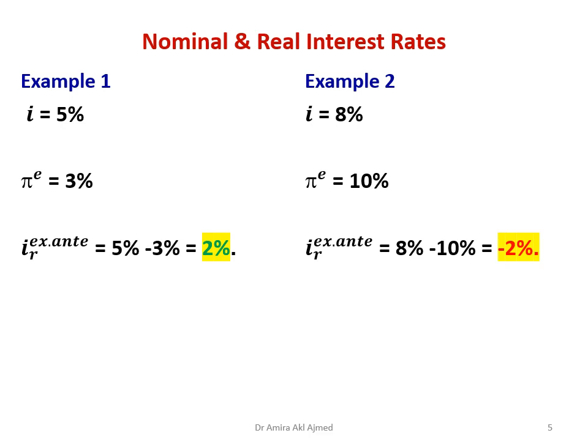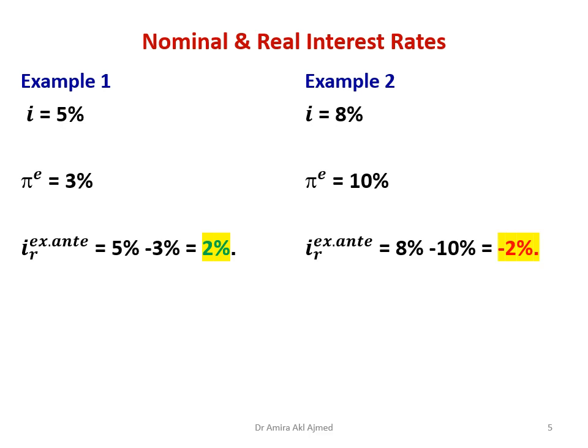Now, assume that the nominal interest rate is 8% and the expected inflation rate is 10%. Would you make the loan in this case? To answer such a question, you have to compute the ex-ante real interest rate. Not surprisingly, it has a negative value of 2%.